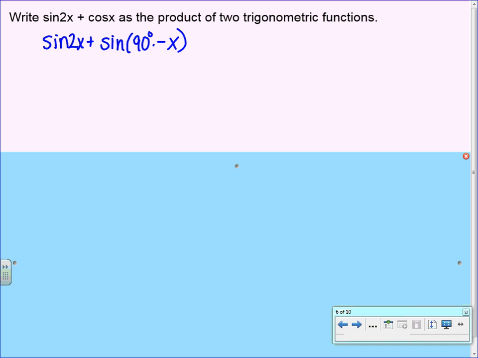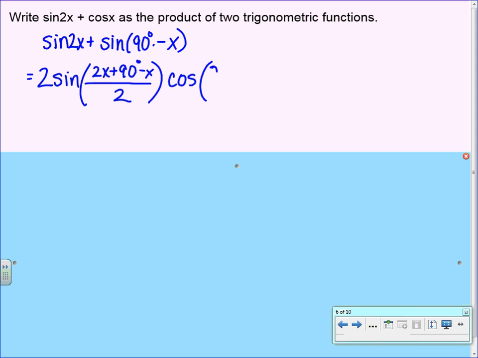It starts with 2 and a sine, and we add our angles together: 2x plus 90 minus x, all over 2. And then it's a cosine, and I think this one's subtraction: 2x minus, in parentheses, 90 minus x, over 2.